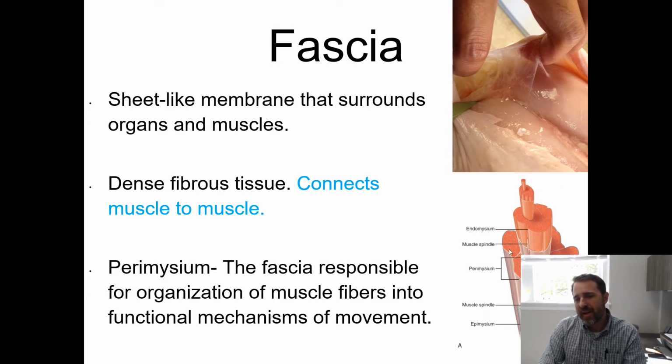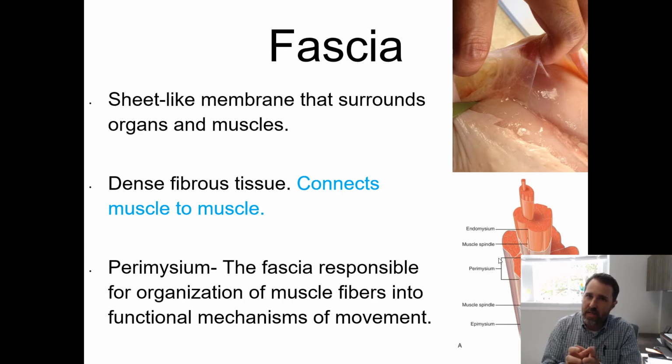So here we have a slice of a muscle. And you can see that all these little red things are muscle fibers that run the length of the muscle. And there are groups of muscle fibers that are organized into functional units.